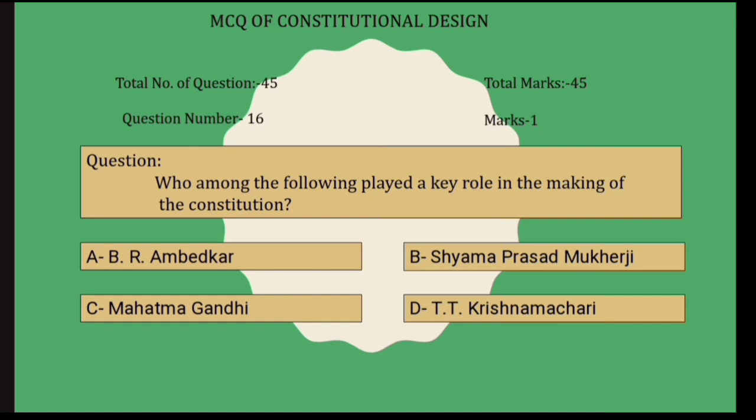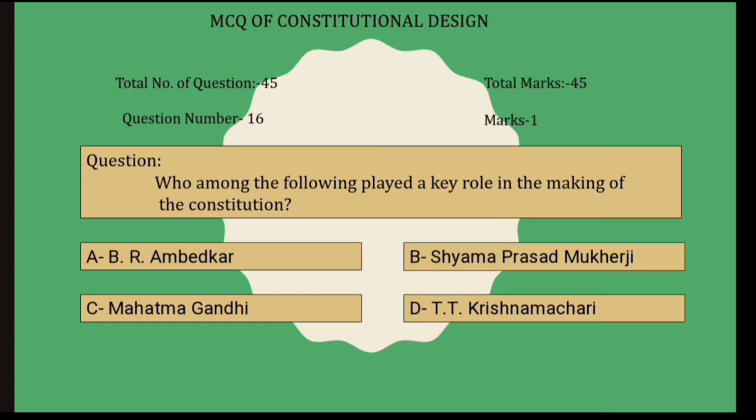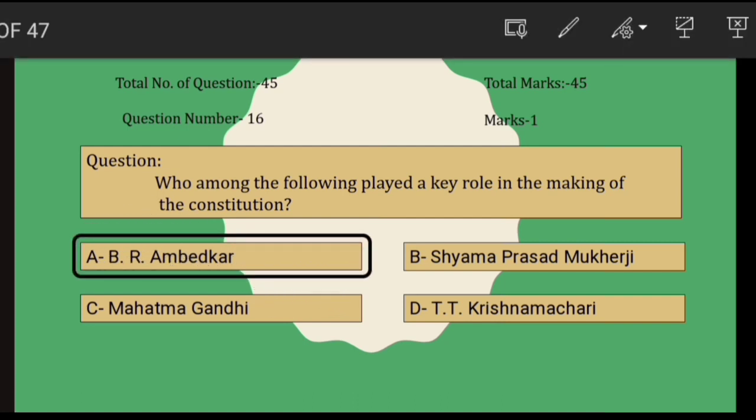Who among the following played a key role in the making of the Constitution? Option A. B.R. Ambedkar, B. Shyama Prasad Mukherjee, C. Mahatma Gandhi, D. T.T. Krishnamachari. Correct option is A. B.R. Ambedkar.